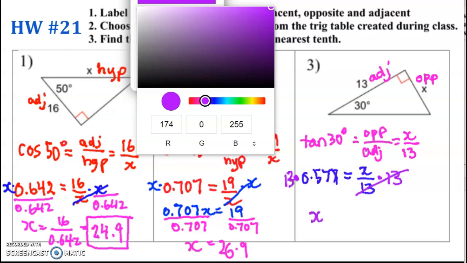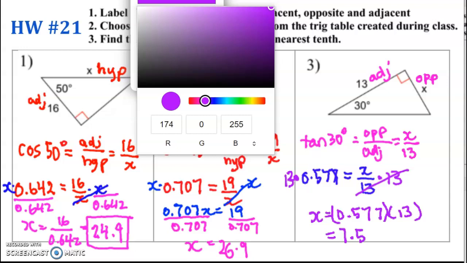So x is 0.577 multiplied by 13. I am going to use parentheses so that I don't get my decimal place and multiplication mixed up. So 13 times 0.577 gives me 7.5.